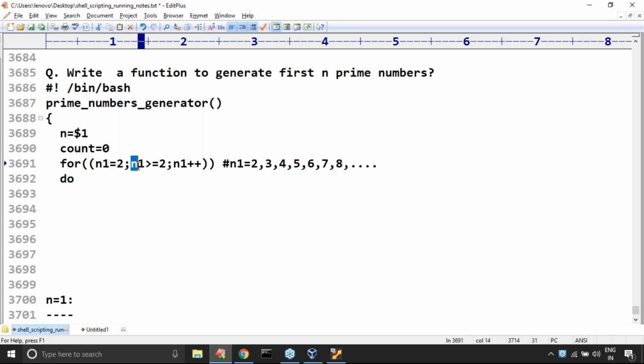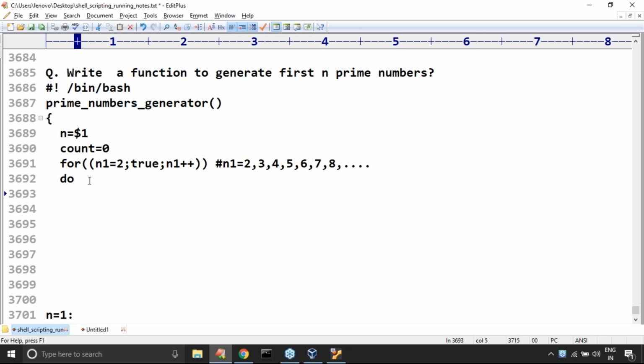Here you can't limit the n1 value, you have to limit the number of prime numbers. The condition is always true. Let me cross check whether it is accepted or not. I hope it is accepted infinite times, correct?